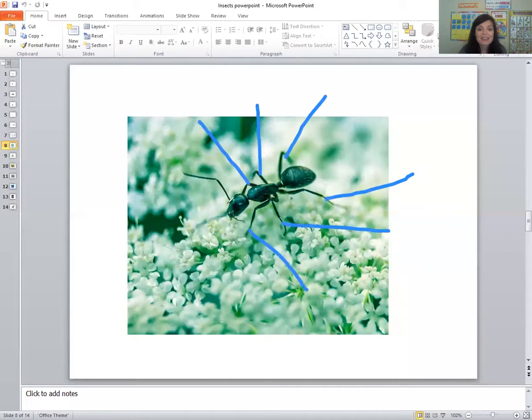There are 6 legs. Let's count the antenna. 1, 2. There are 2 antennae. Now let's check the body parts. 1, 2, 3. Is it an insect? Yes, it's an insect. Thumbs up, everyone. Okay, let's look at the next one. Is it an insect?